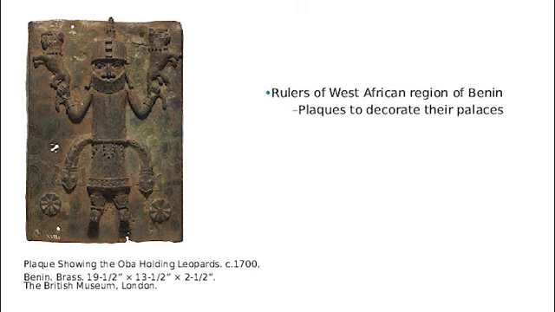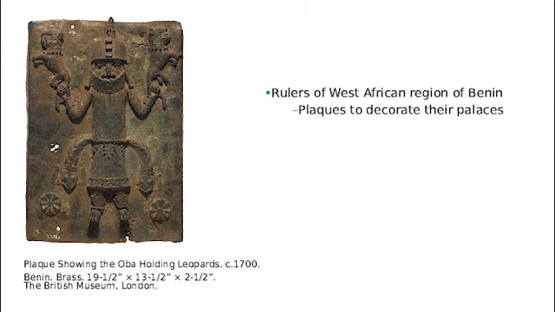And not only did that show their authority in just the sense of how much time and care went into the decorations for their palaces, but also the subject matter on the plaques themselves expresses their authority as well, because you can see that he is holding leopards in his hands and has these fish coming out of his waist, and it's almost as if he rules over nature as well as the people. So it shows this almost divine authority of the political rulers of this area.